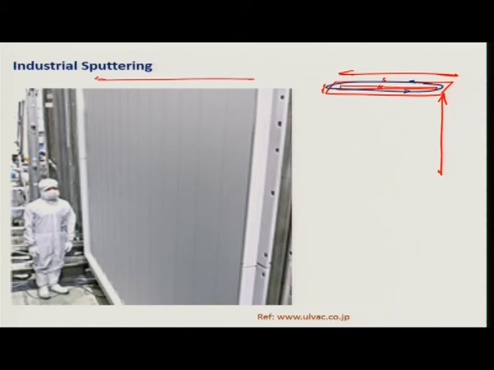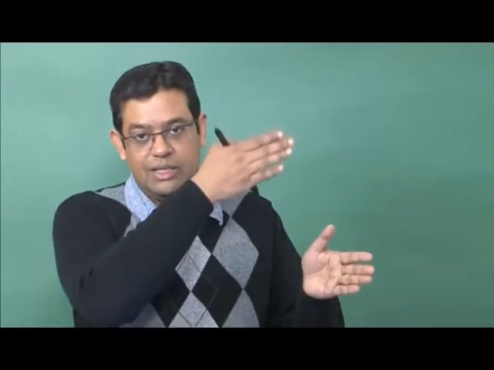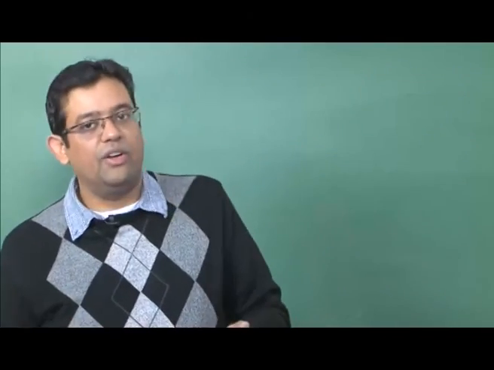Now, when you are scanning, you will have sputtering from this region, and you are scanning this across the entire length back and forth, and then you will have a uniform sputtering from the entire target and uniform deposition on your substrate, which is kept in front of it, a large sheet of glass.